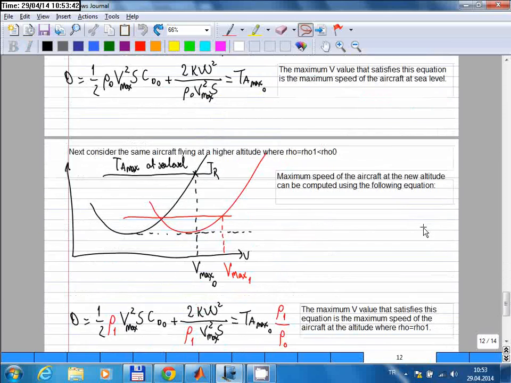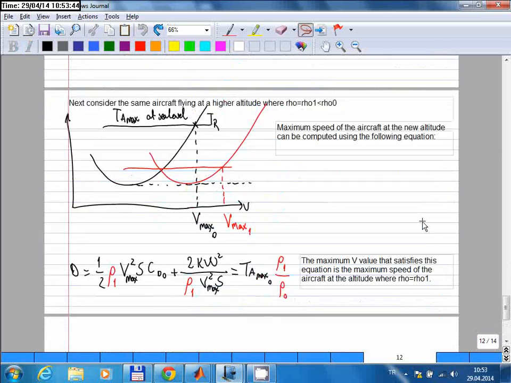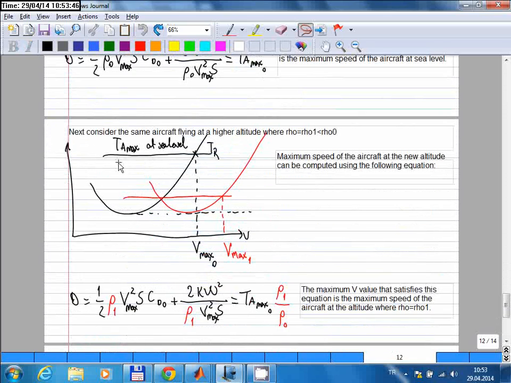So from the two, you can easily see that if, for example, at a certain altitude you have thrust required, or power required can be used as well, and thrust available are like this. As the aircraft climbs to higher altitudes, the thrust required will be shifting to the right, and the available thrust will be coming down. So the gap between the two will be getting smaller and smaller.